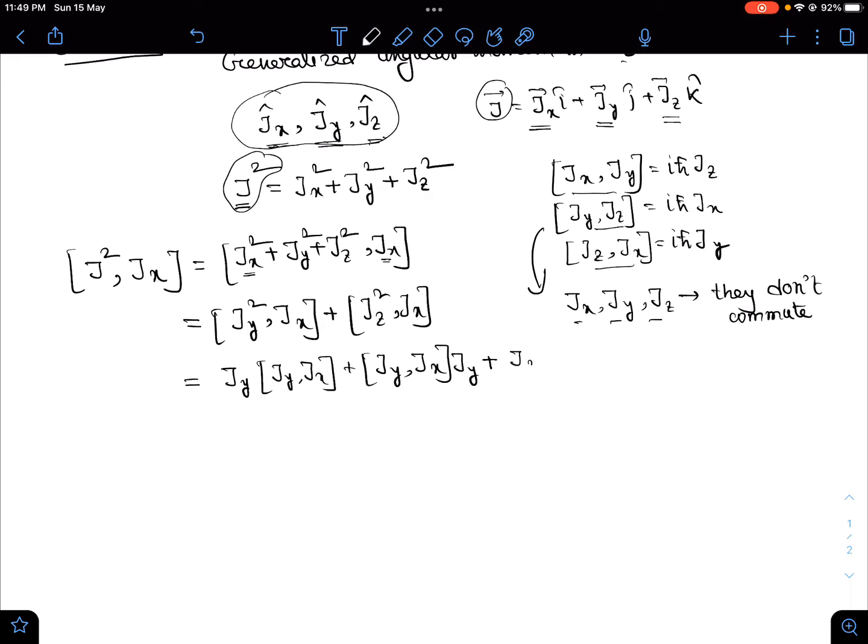Similarly, for the second term, we will have Jz [Jz, Jx] plus [Jz, Jx] Jz.